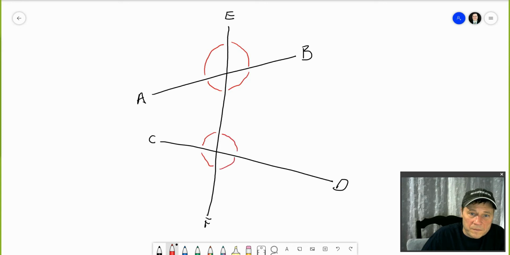Okay, so these are the angles that we're talking about. And we'll label them too so we can refer to them. So we'll call this angle 1, angle 2, angle 3.